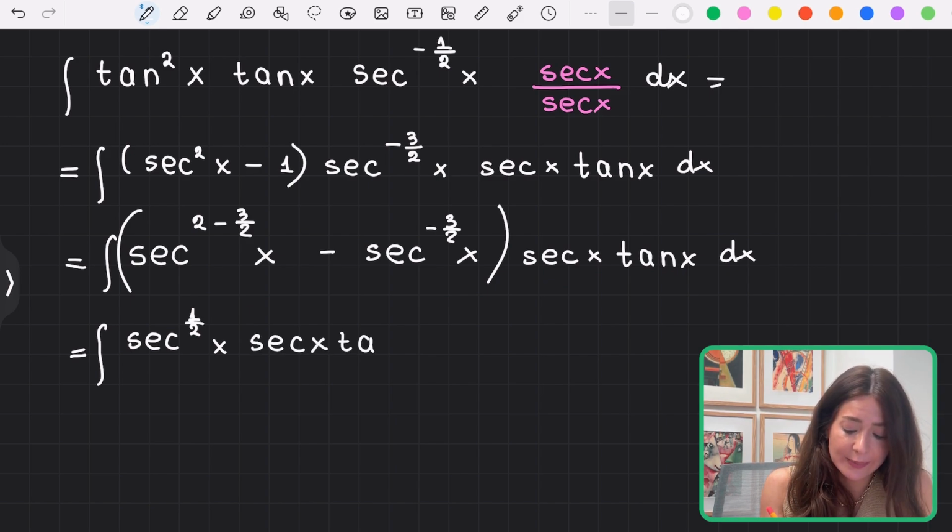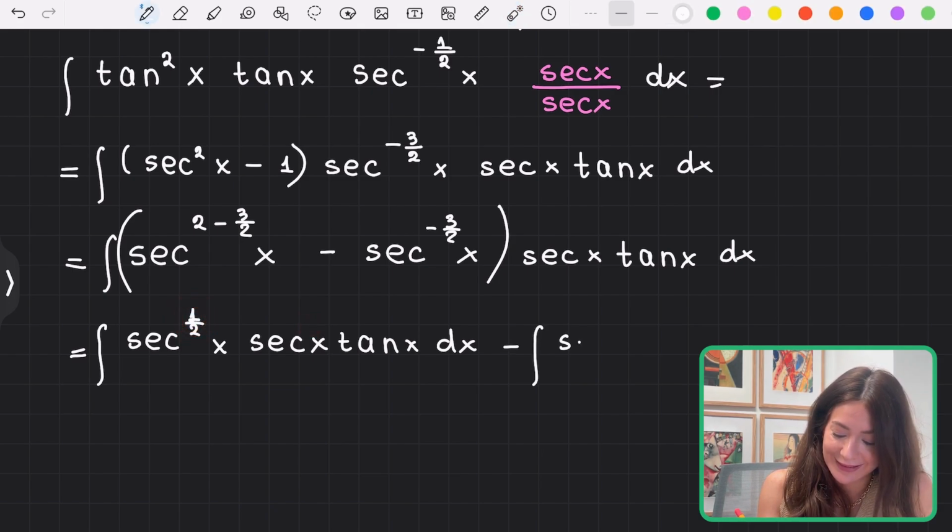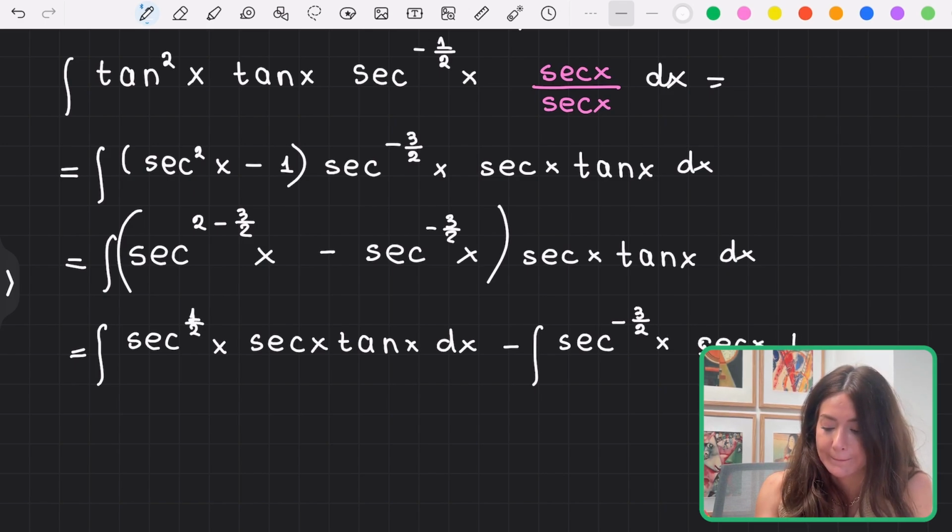And it may be tempting at this point to combine the powers of this secant, which is 1, with that, but please don't do it, because you need that secant x tangent x as one unit, because both of them are going to be used for du.